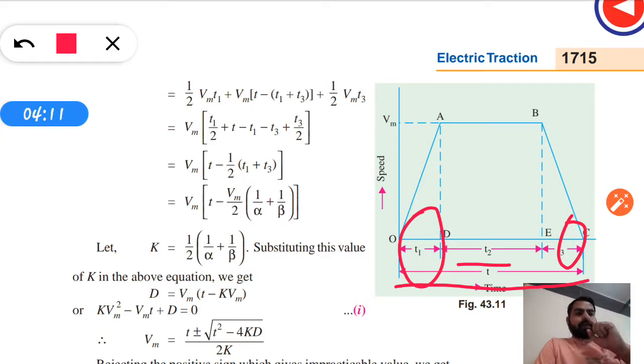Now the quantity Vm is common in the equation, so we can take Vm common. So D equals Vm into t minus 1 upon 2 t1 plus t3.